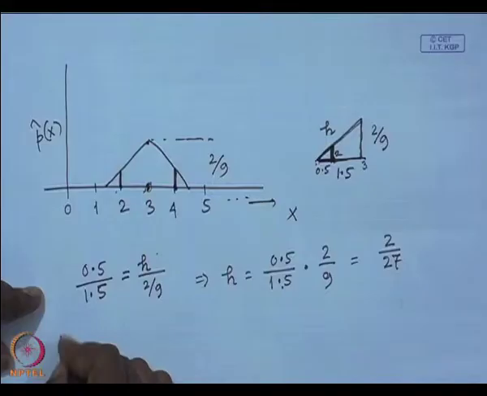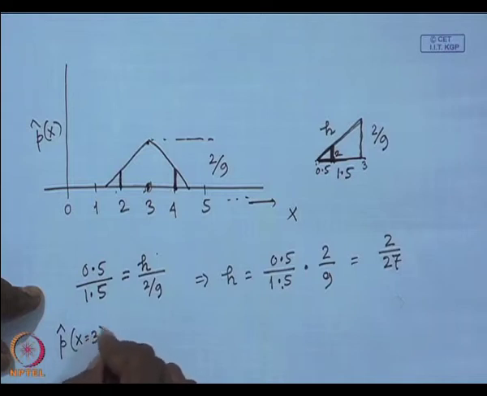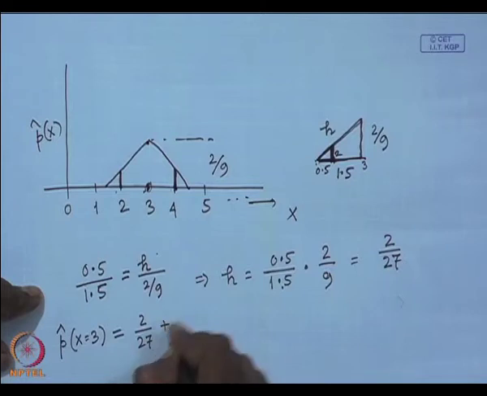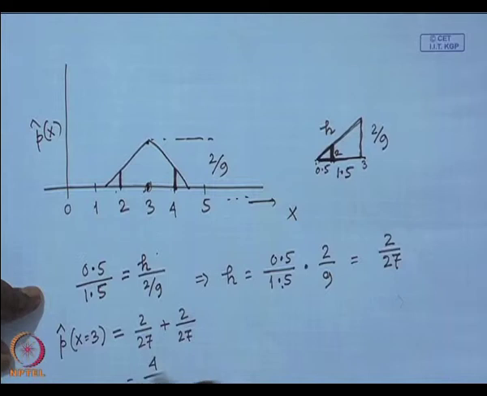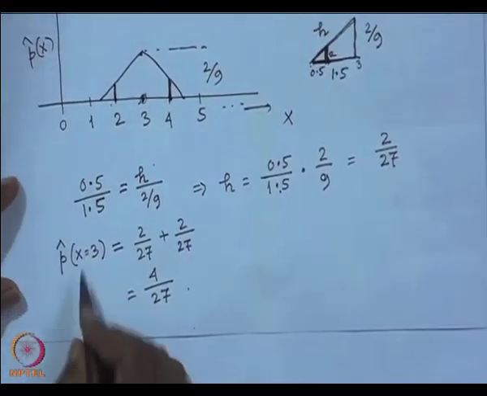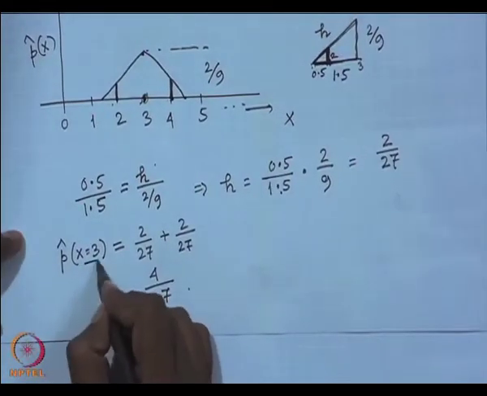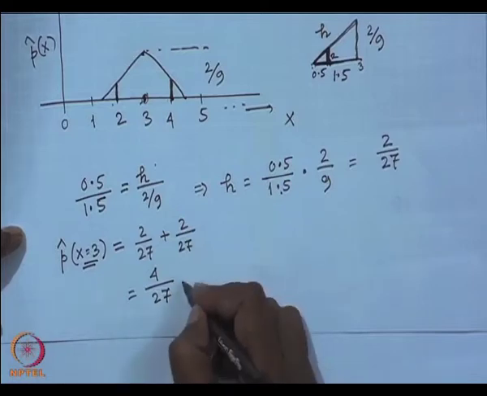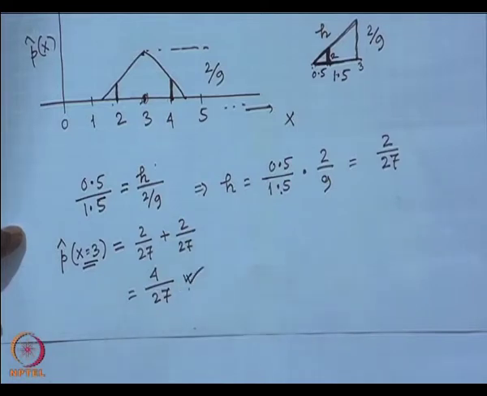So, the probability estimate p hat of x equal to 3 will be simply 2 by 27 plus 2 by 27, which is nothing but 4 by 27. So, the estimated probability at x equal to 3 is simply 4 by 27.